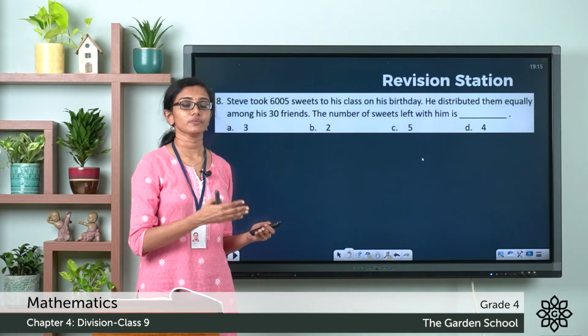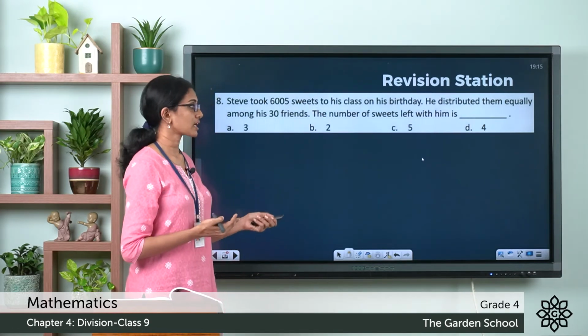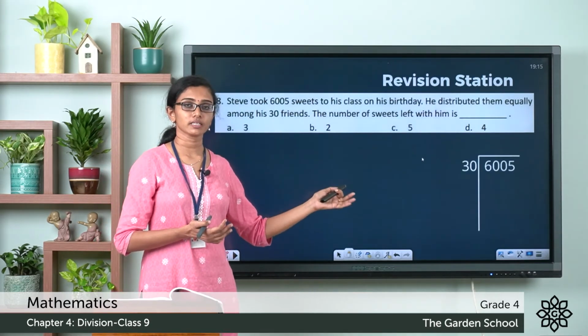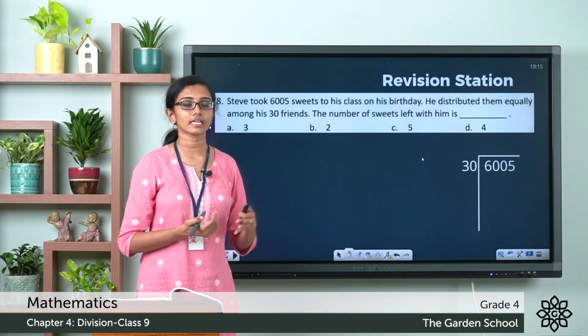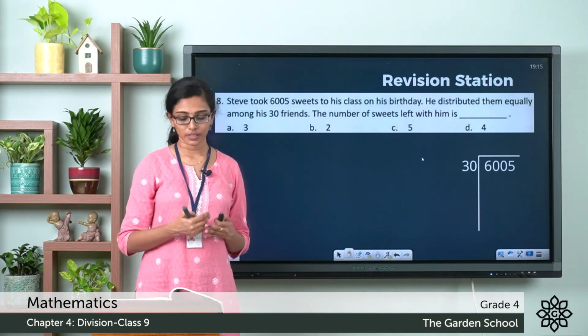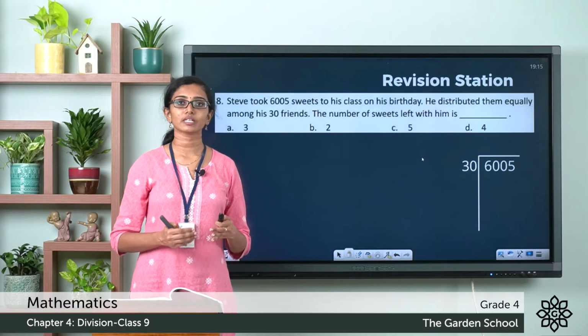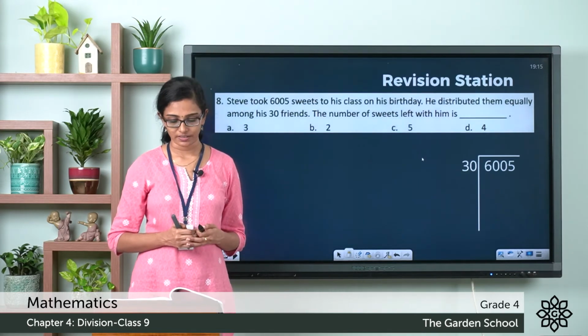What you are actually finding here is this: you need to divide 6,005 by 30, and the remainder you get will be the number of sweets left with him. So do the calculation and find out the right choice to this question.